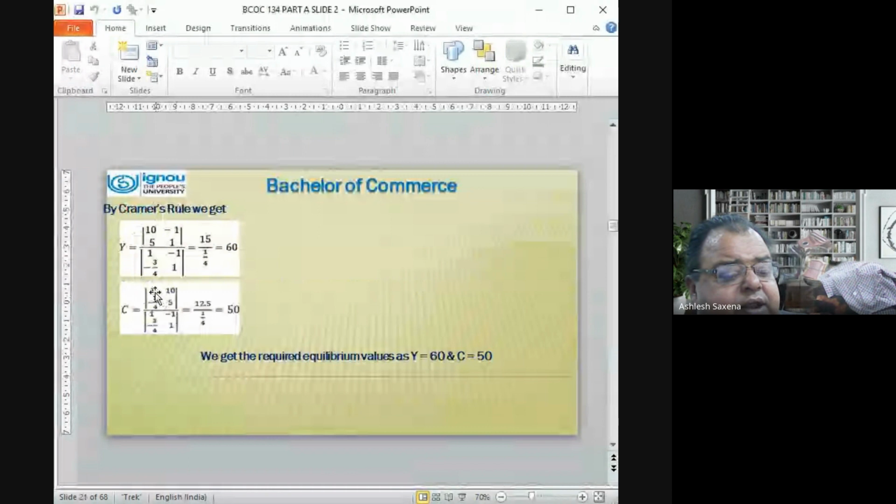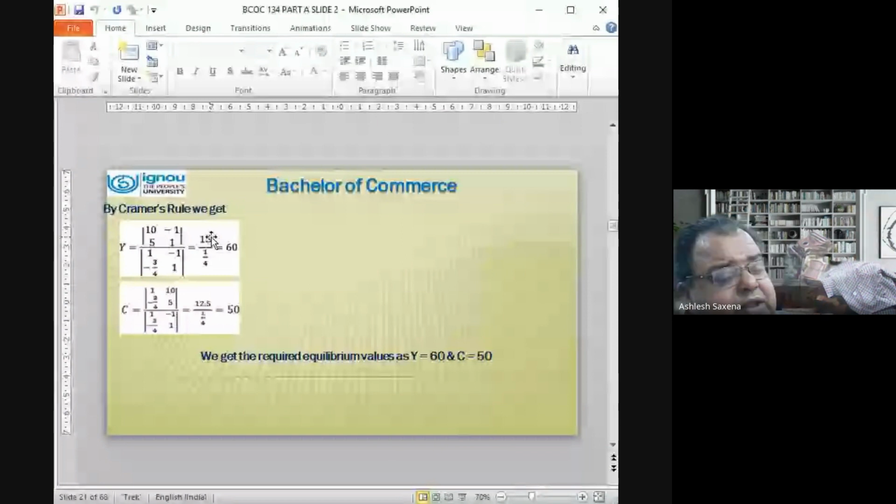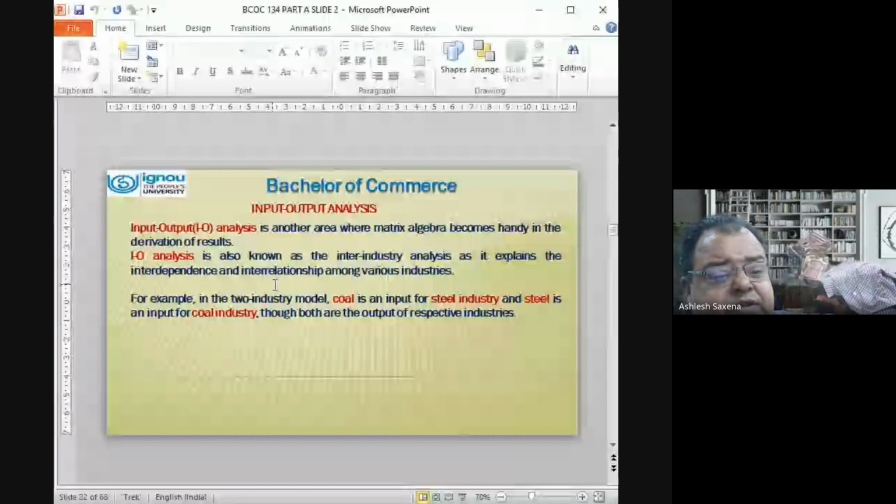After simplifying, you are going to get 12.5 divided by 1 by 4, which is equal to 50. For Y, it will be 60. This 4 will come up, 15 into 4 will be 60. That means your Y is 60 and your C is 50.